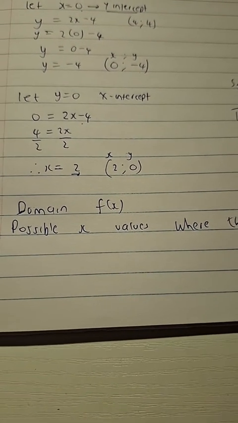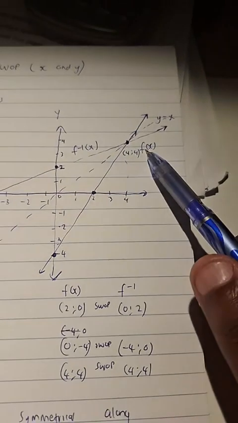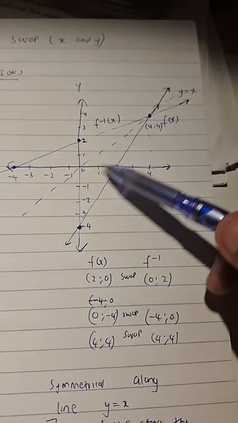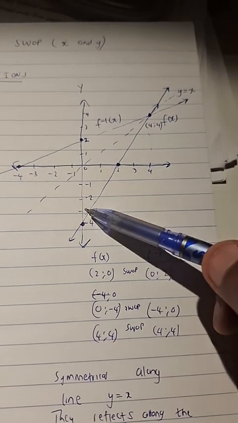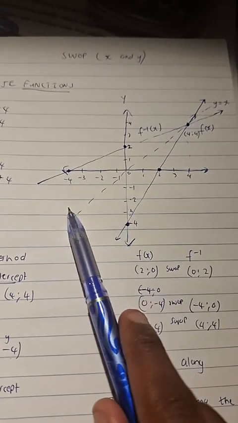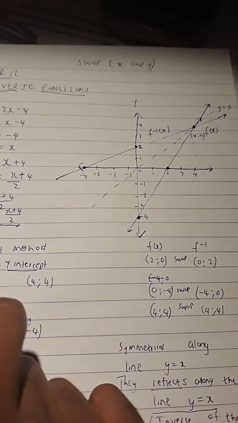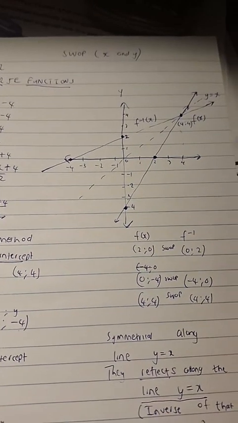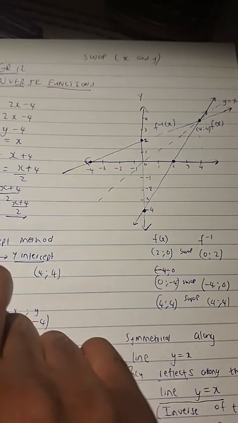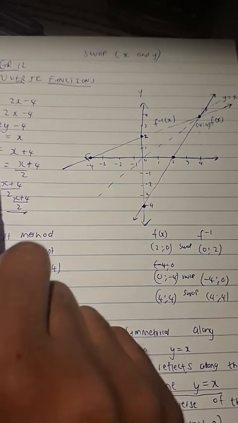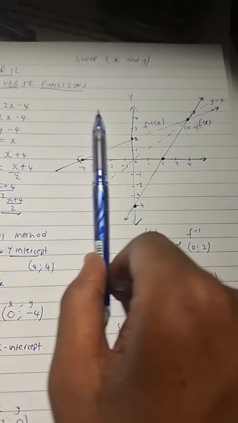If we look at a typical sketch of the function y is equal to 2x minus 4, we look at x values from left to right, because when we look at x values, we are looking from the left to the right. So on our number line, which x values does the function exist if we look from the left to the right?